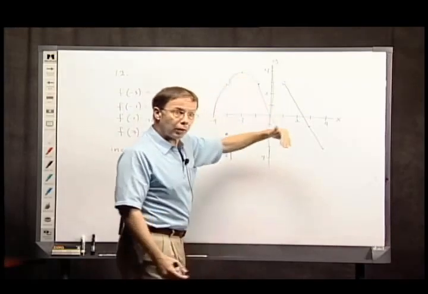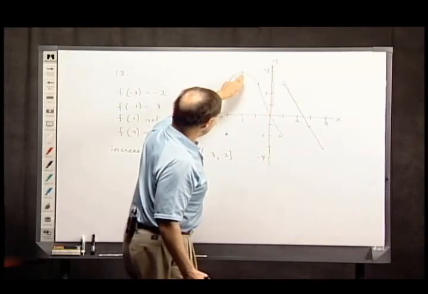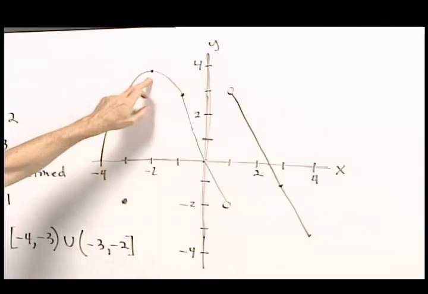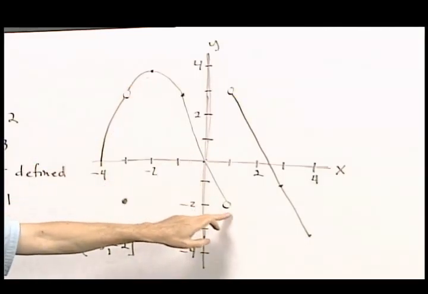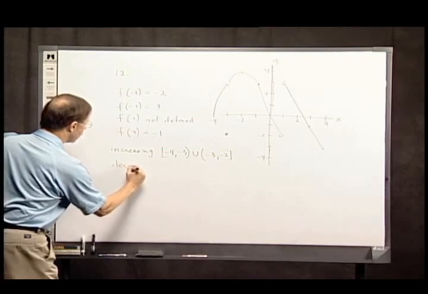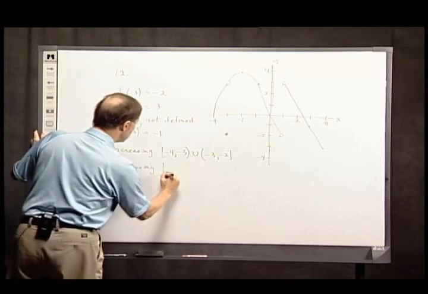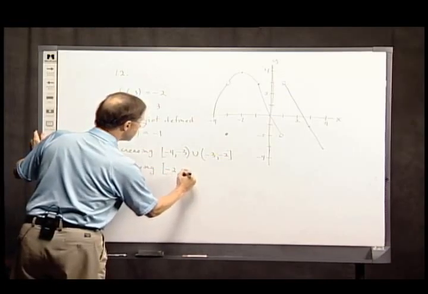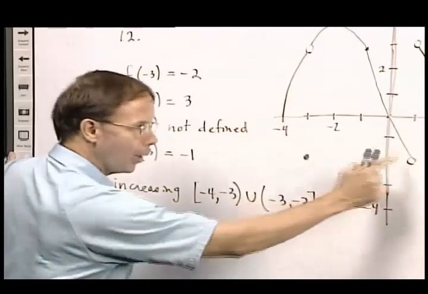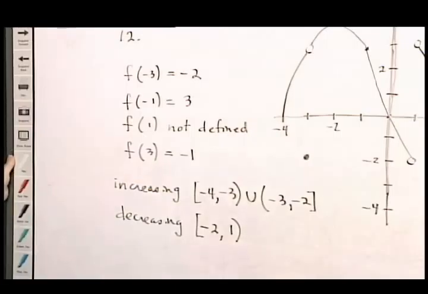Everything else is downhill. As I move from left to right, I am decreasing, going down from -2 until +1. So the function is decreasing from -2 until 1, but that point is not included in this piece, so I show it rounded off.